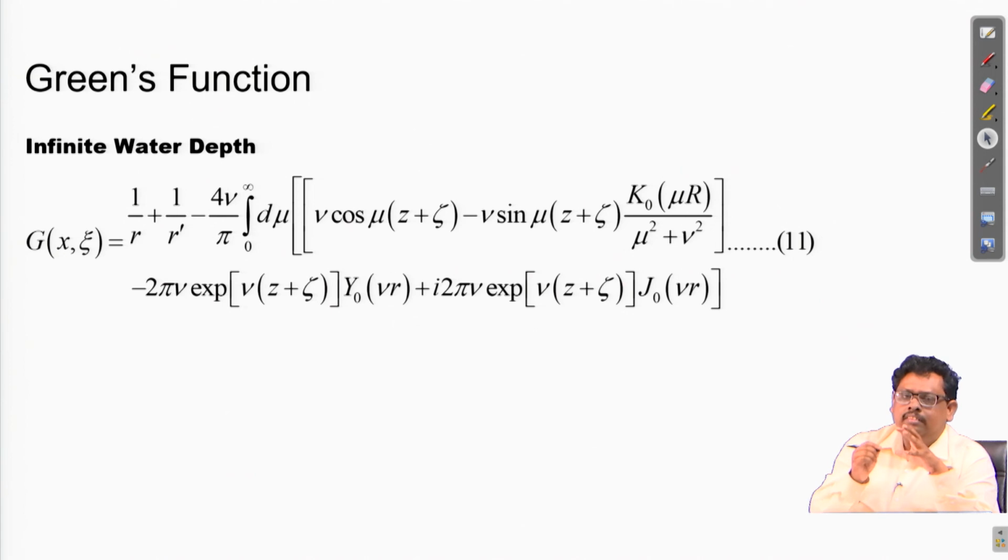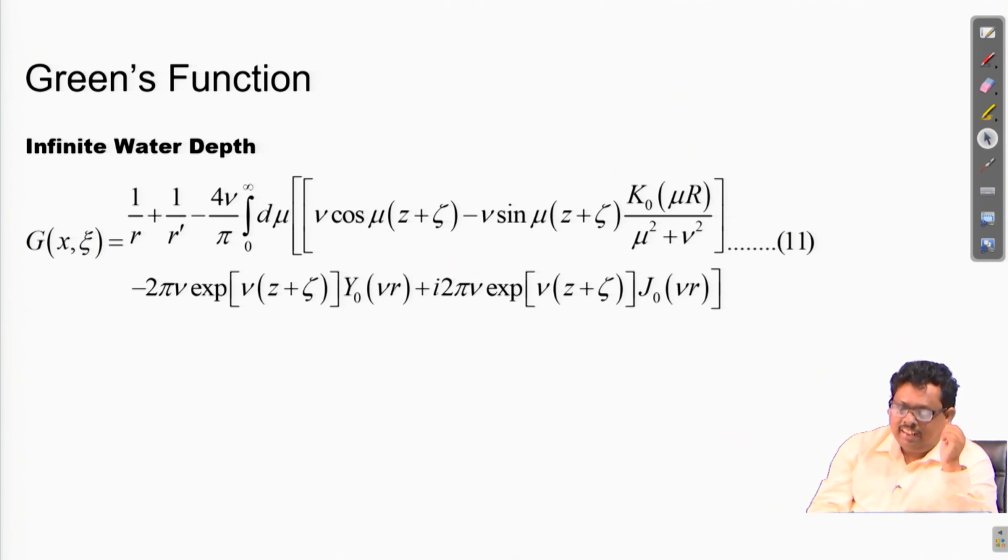Now, this is one part, forget about this. Let us take the other part of it, which we can call the regular part. Then you can see in this equation that the integration is 0 to infinity. That means, if you look at the summation form, that summation should go to infinity. So, we have to look for a convergent solution, that means your numerical solution should be convergent.